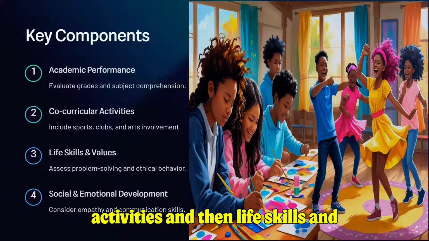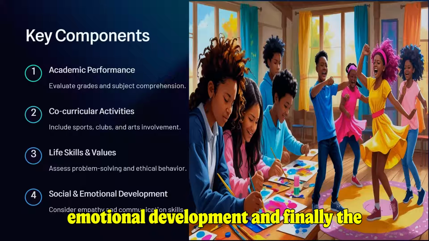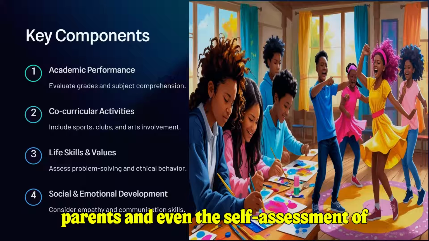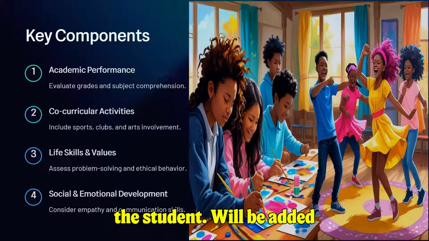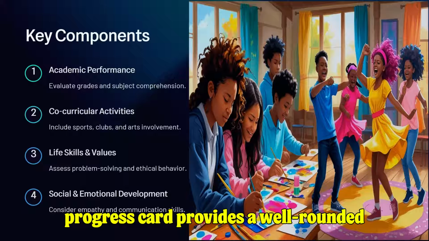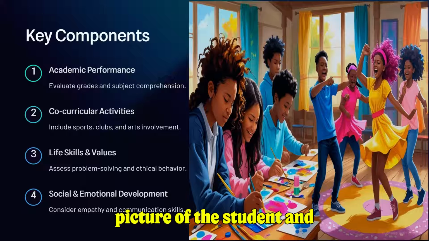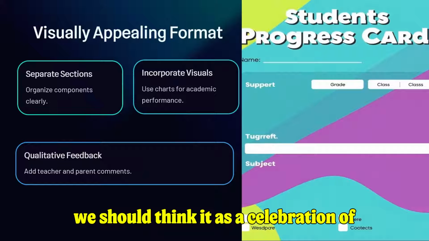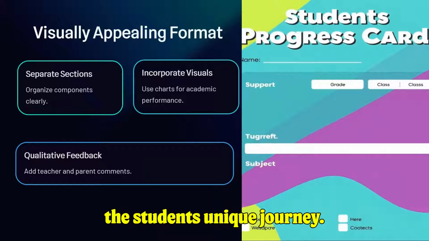And then, life skills and values. And of course, social and emotional development. And finally, the feedback from teachers, peer group, and parents, and even the self assessment of the student will be added on. These components ensure that the progress card provides a well rounded picture of the student, and naturally we should think of it as a celebration of the student's unique journey.